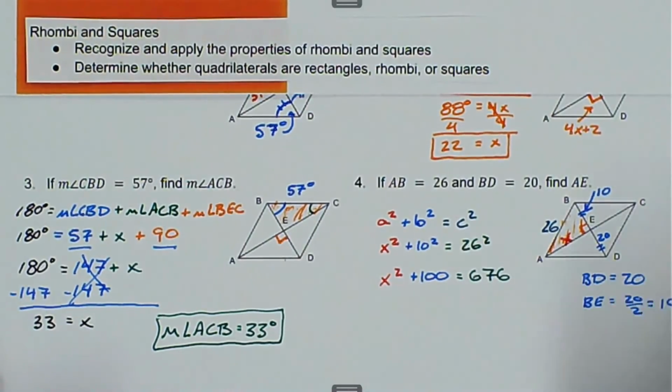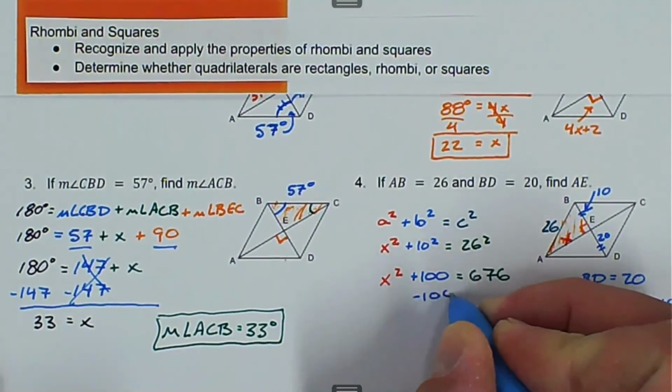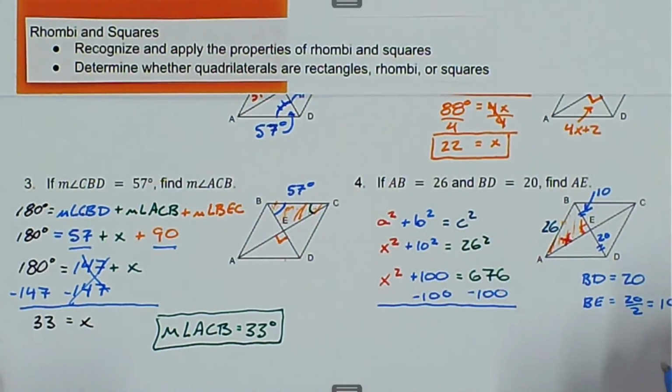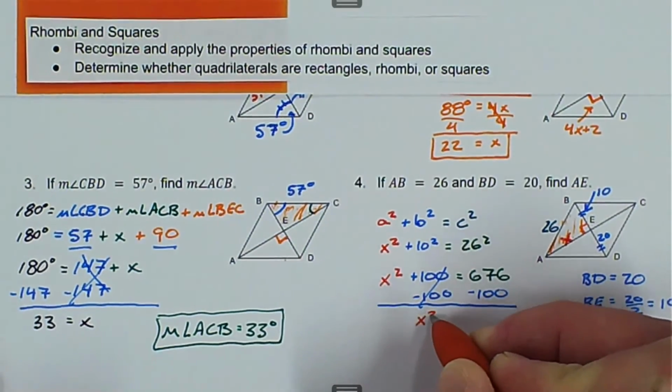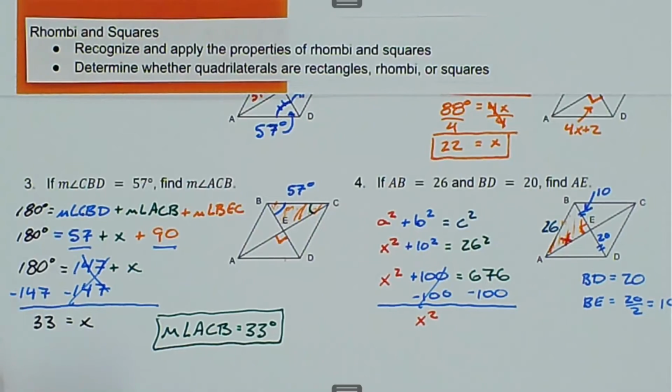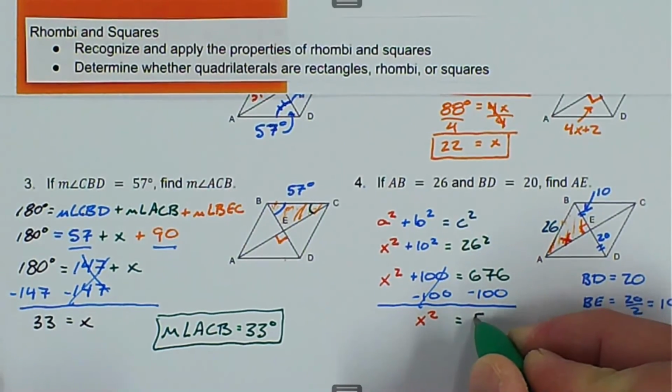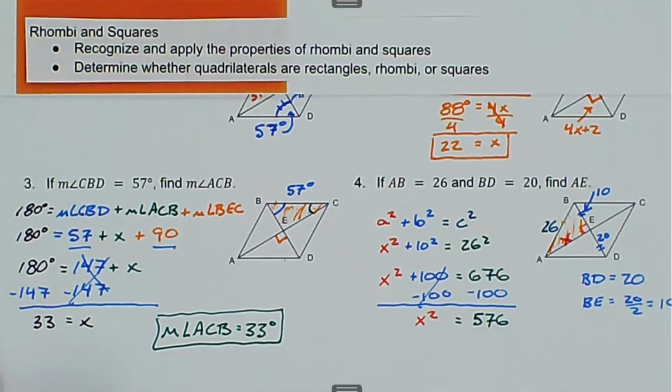Then we want to subtract 100 from both sides of the equal sign. And our 100s cancel. And on the left side, we're left with x squared. And on the right side, we're equal to 576.